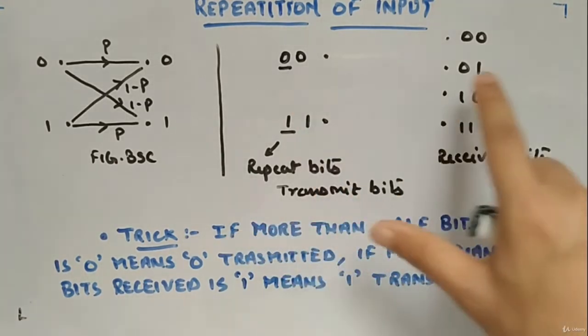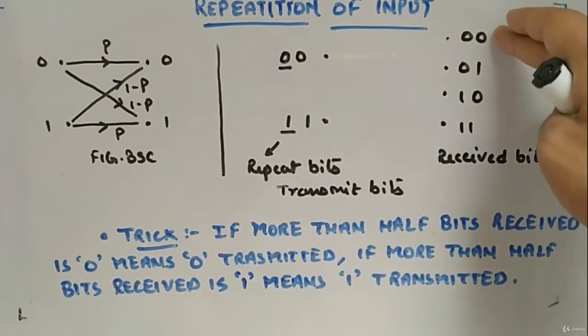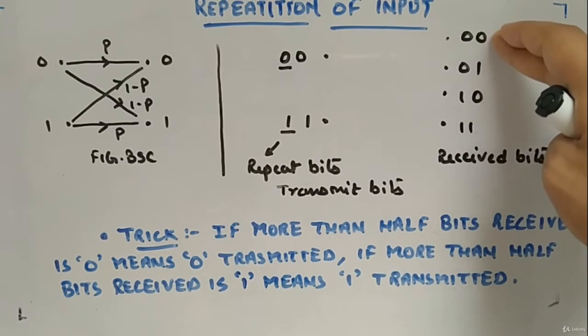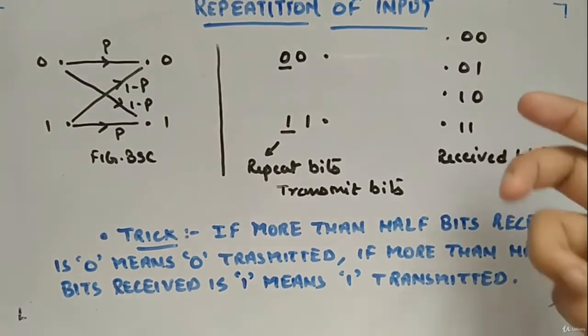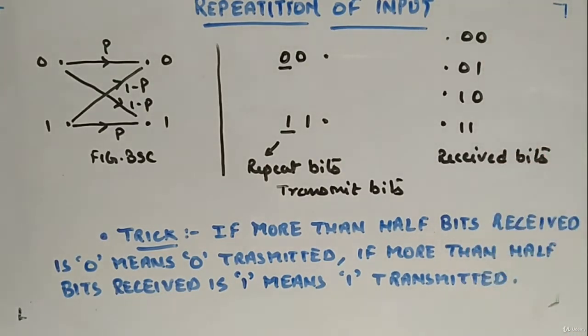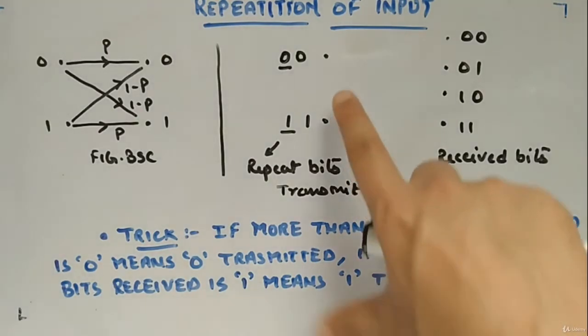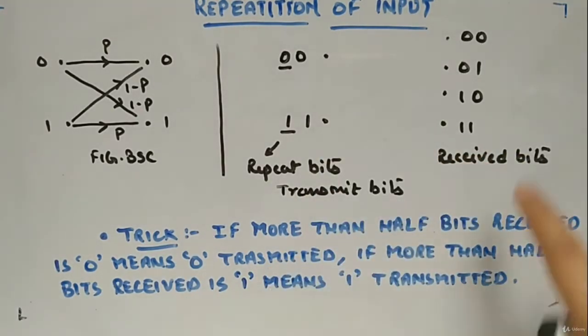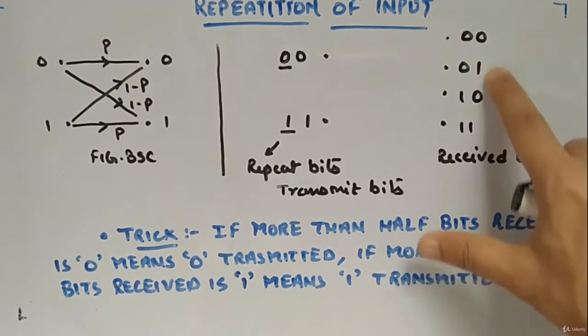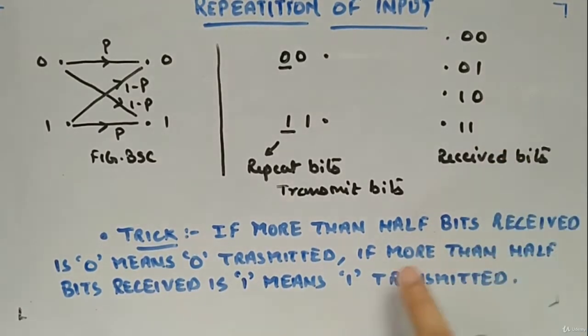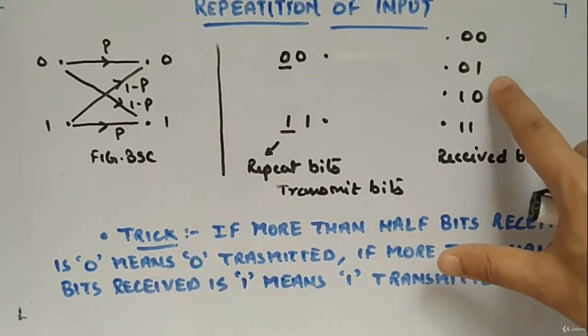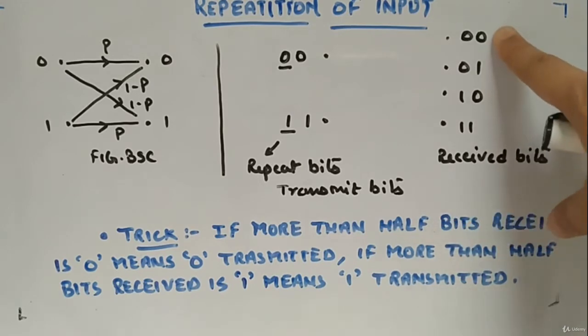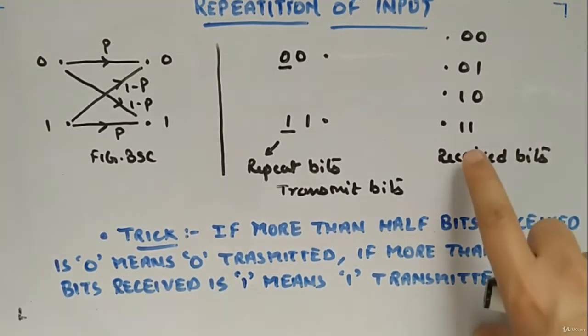In this case, if I receive 0 0, then and only then can I say that 0 has been transmitted, because the rest of the combinations do not have more than half the bits as 0. This is the only case where I can say 0 has been transmitted.